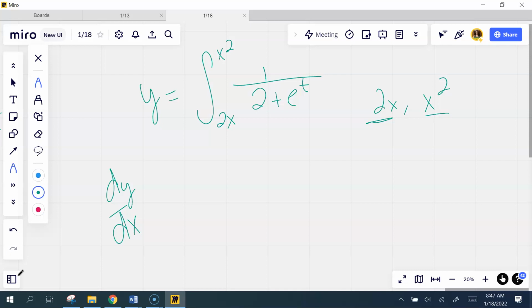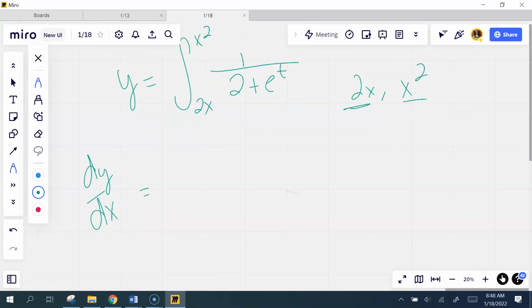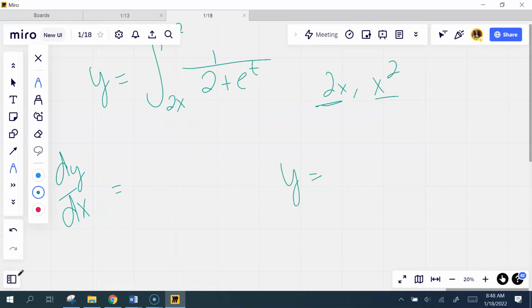How could I rewrite this maybe as two integrals instead of just one? I could do 0. That's exactly what I'm going to do. And actually, let me just rewrite y first.